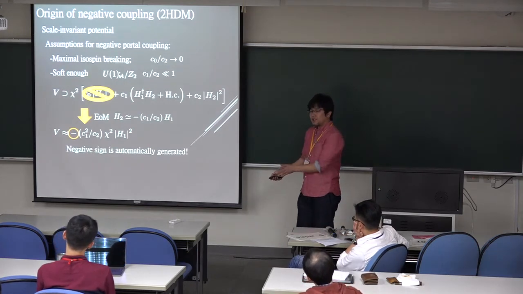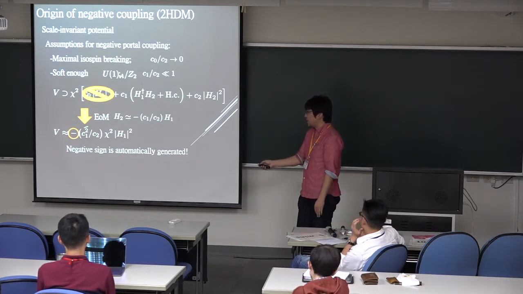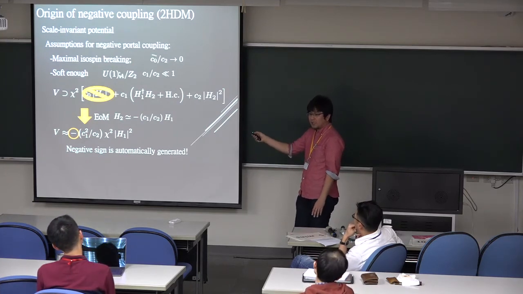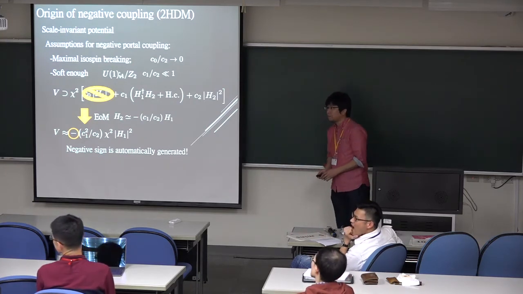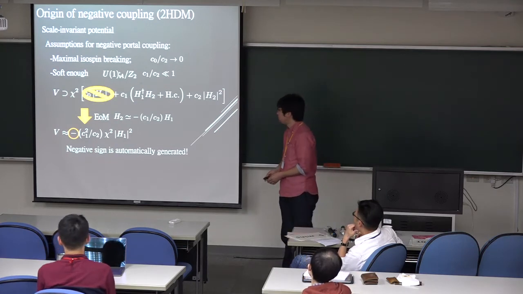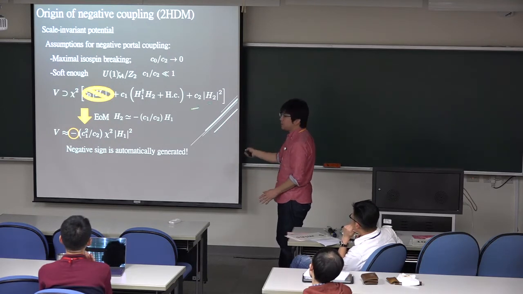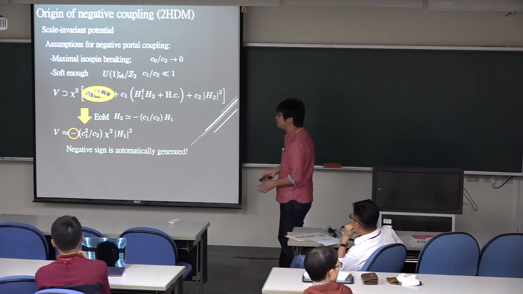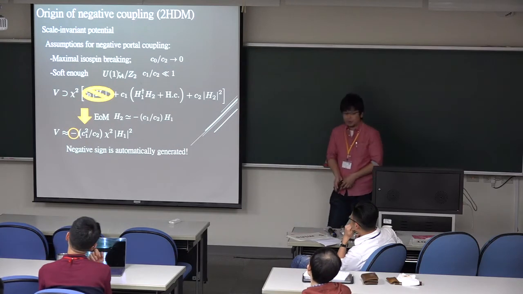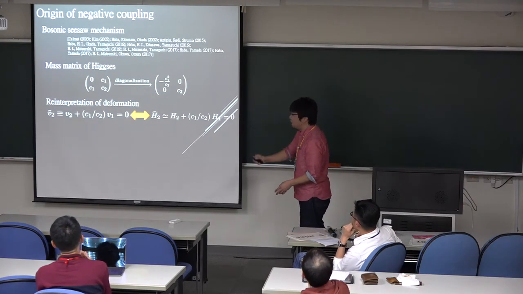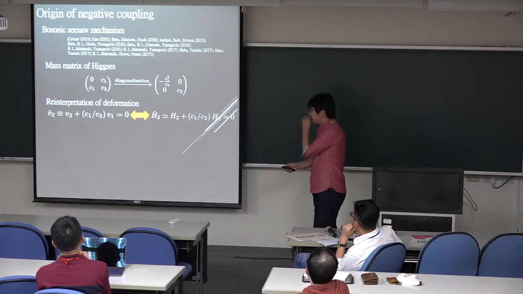As you can see, this negative sign is automatically generated after applying those assumptions. Then you have C2, the sign, you fix it to be positive. We have just fixed all the couplings to be positive. I will explain in more detail in the following slides.